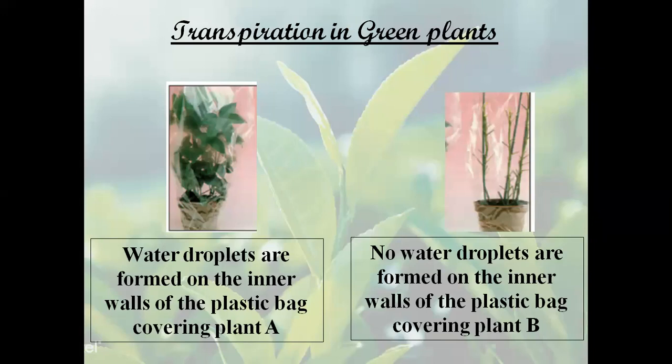Water droplets are formed on the inner wall of the plastic bag covering plant A, while no water droplets are formed on the plastic bag covering plant B. So we have release of water vapor in plant A, which contains the leaves, while no water droplets are formed on the inner wall of the plastic bag covering plant B.